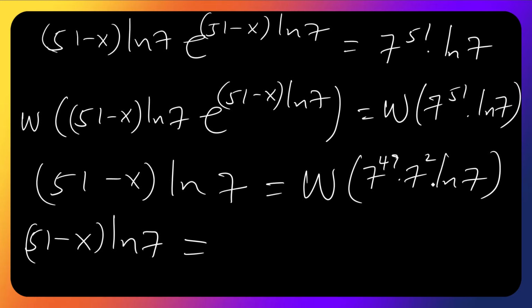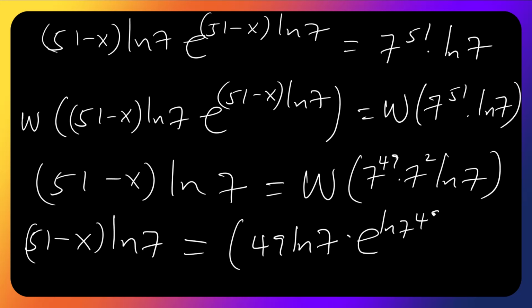From here, I can write this as 7 squared times 49 ln of 7. When I raise this, you raise ln of 7 to the power 49. I've done nothing. Remember the rule, this one is a power rule. That will be 49 ln of 7.